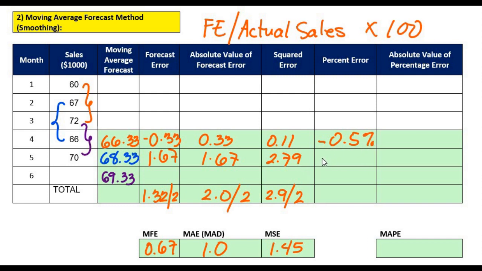And then the next one, that would be 1.67 divided by 70 times 100, that would be 2.39%. We get the absolute value of our percentage error. This would be 0.5% and 2.39%. We get the sum of the two, that is 2.89 divided by 2, that would be 1.45%.